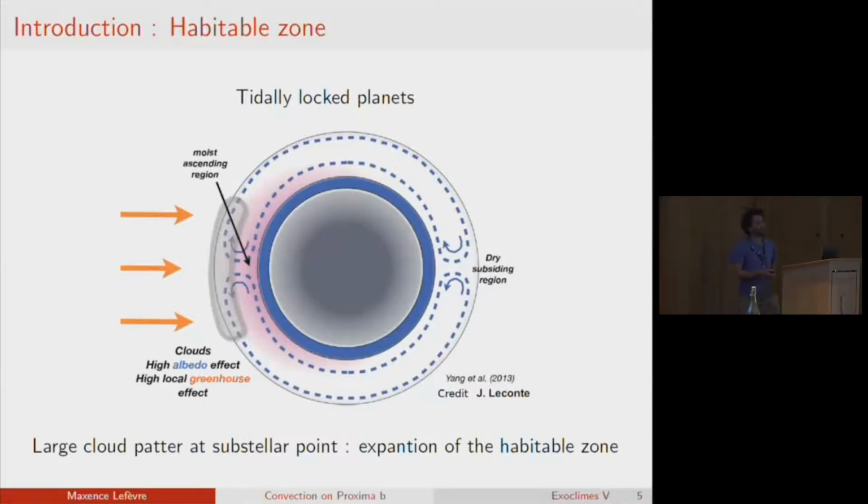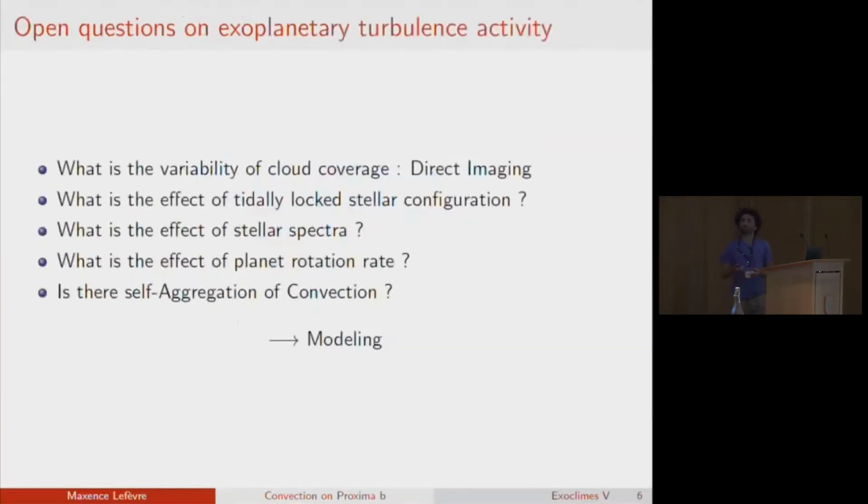For the case of a tidally locked planet, there can be some patch of clouds at the substellar point that can affect the surface temperature and lead to a water zone.